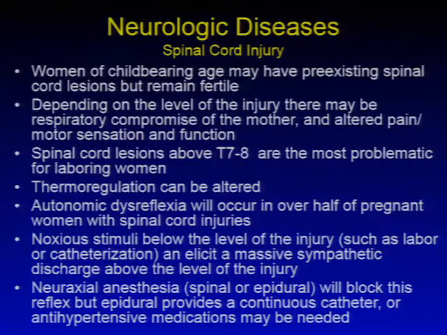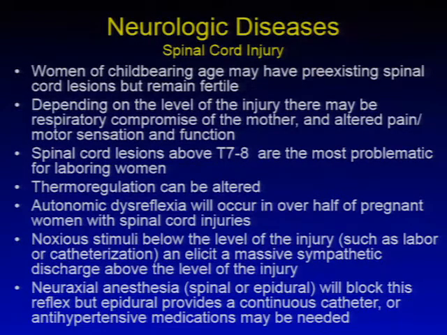Rarely, mothers of childbearing age may have pre-existing spinal cord lesions. Depending on the level of the injury, there may be respiratory compromise of the mother and altered pain or motor sensation and function. Spinal cord lesions above T7-8 are the most problematic, in that thermoregulation can be altered in these mothers, and autonomic dysreflexia will occur in over half of these mothers.